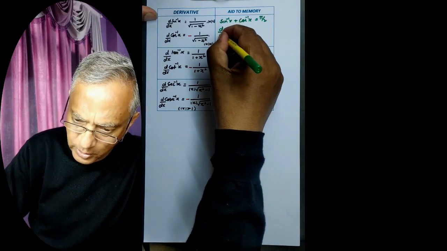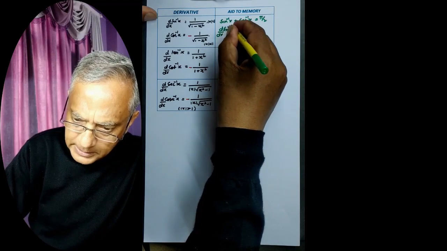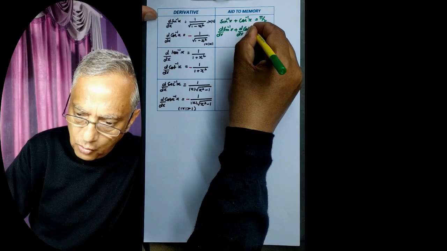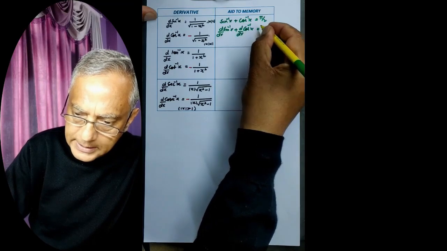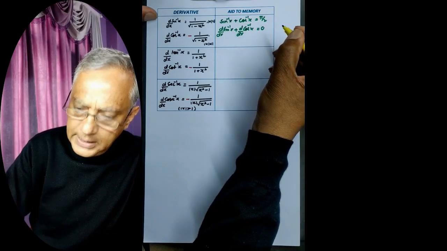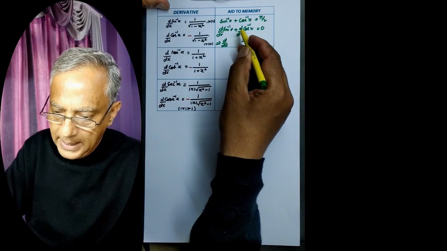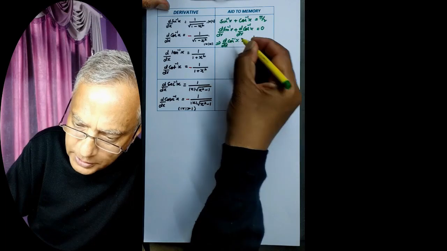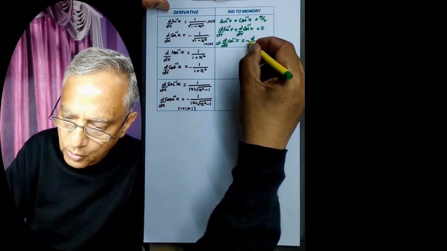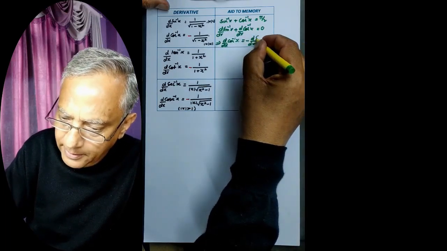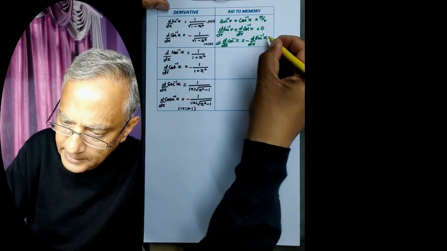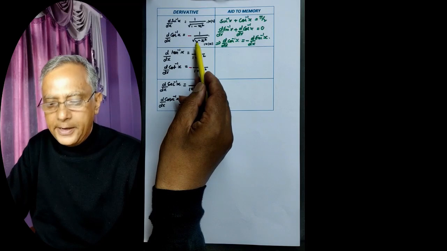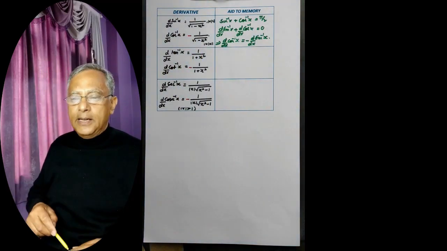Differentiating this, we have d by dx of sine inverse x plus d by dx of cos inverse x, and d by dx of pi by 2 is 0. This implies d by dx of cos inverse x is equal to minus d by dx of sine inverse x.